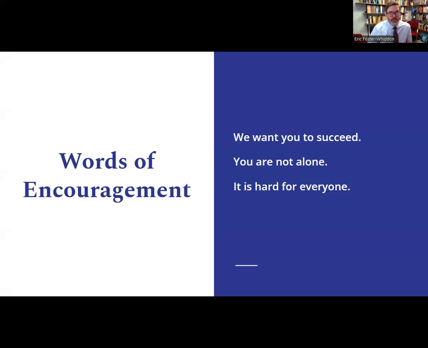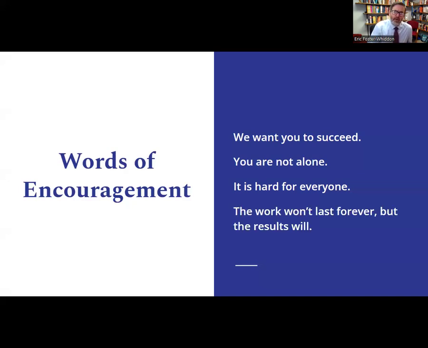Just know that it's not just you. And if you'll reach out to your cohort mates, to your cohort facilitator, to your instructor, to me, to other people in GSM, to your mentor, to the pastor of your host congregation, we want to support you and help you make it through. So just know, we tell our kids and my family when things get difficult, remember you're not special. It's difficult for everybody. So we want to help you get through and you're not alone.